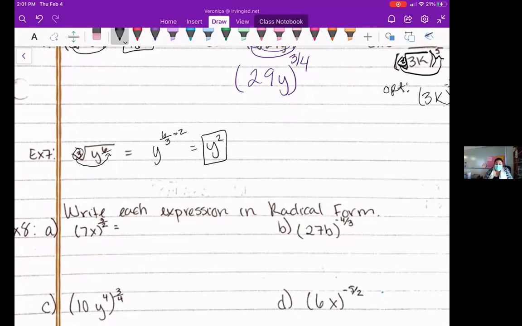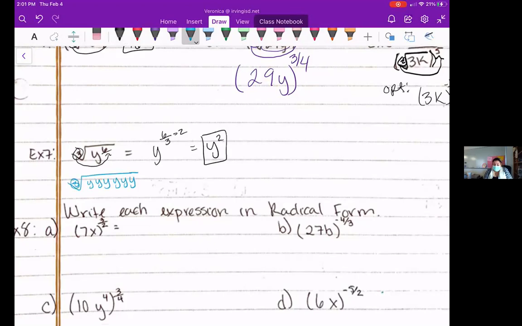Now, with example 7, I did want to talk about how you could use, I guess, a factor tree to simplify and get the same answer, right? So we know that this is a cube root of y to the power of 6. Well, that 6 means I have 6 y's: 1, 2, 3, 4, 5, 6. What did we talk about earlier?